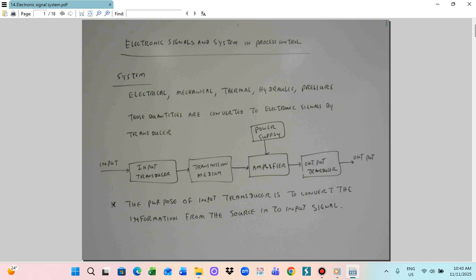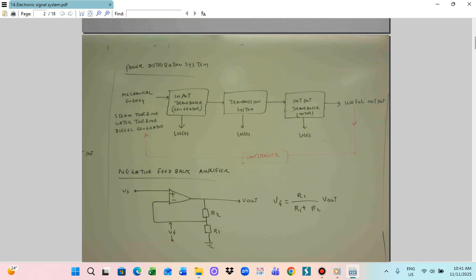Okay, so for example, we can see a typical process control system for power distribution. Input power is mechanical energy. The input transducer is the generator, and the generator will cause losses.